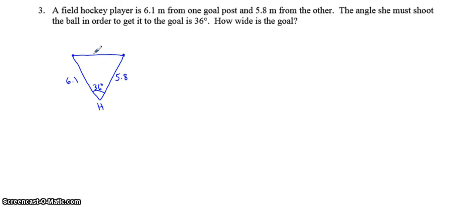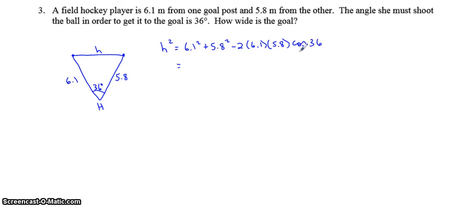So that's opposite angle H, so we're going to call that side H. And because it's side-angle-side, we're going to be using the cosine law. So that is H squared equals 6.1 squared plus 5.8 squared minus 2 times 6.1 times 5.8 times the cosine of the opposite angle.